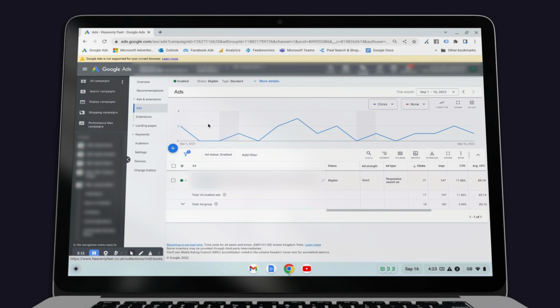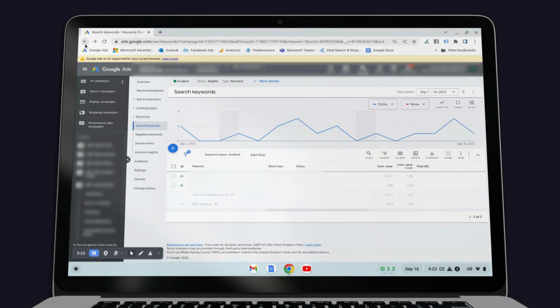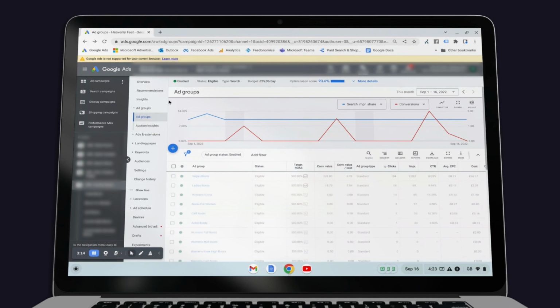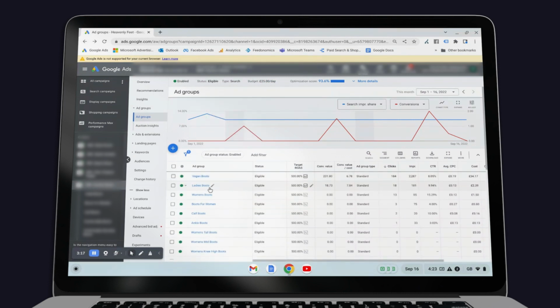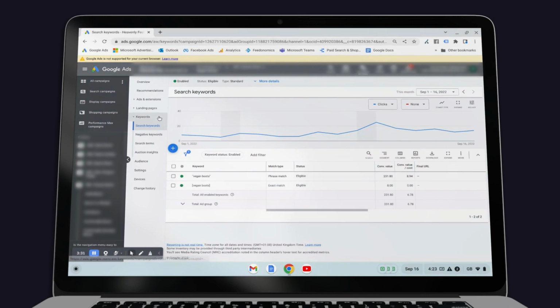So the importance of this, if I jump back, for example, to show potentially what a good structure would look like is, for example, we have now ladies boots, and this ad group, as I've shown, has ladies boots related terms. In the vegan boots ad group, for example, we obviously have keywords relating to vegan boots.